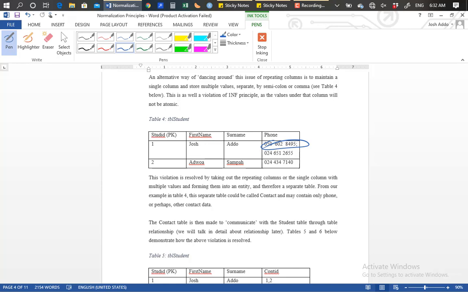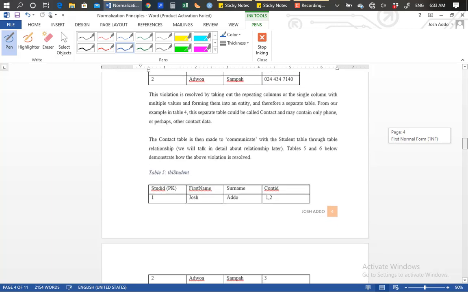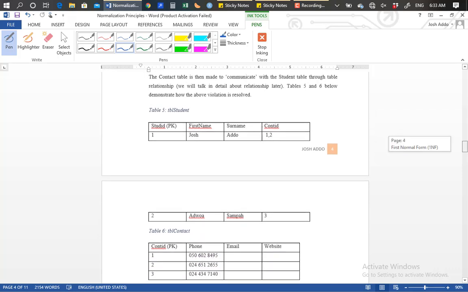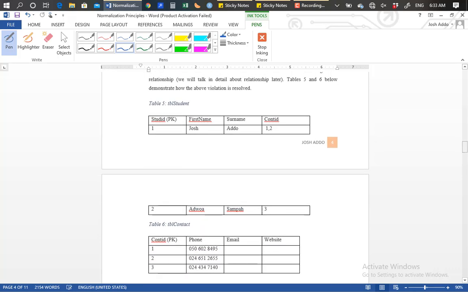And a way to resolve that problem is the same as what we did. So we break it into 2 tables, and you can see it clearly here. It's just like what I illustrated on the sticky note. We break it into 2 tables, so we now have a table which stores student specific data.